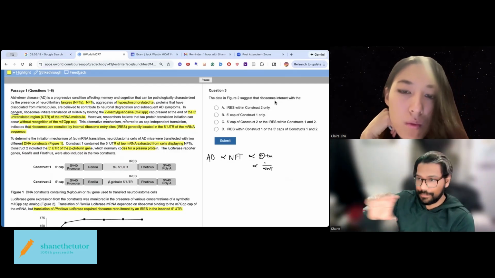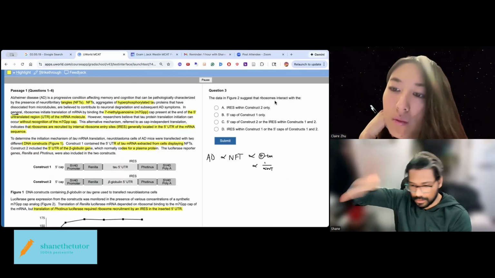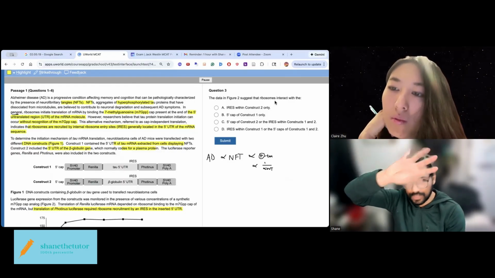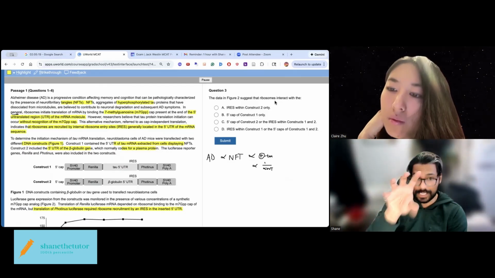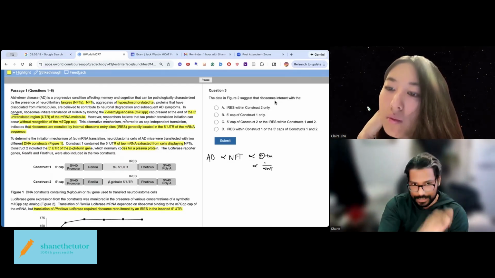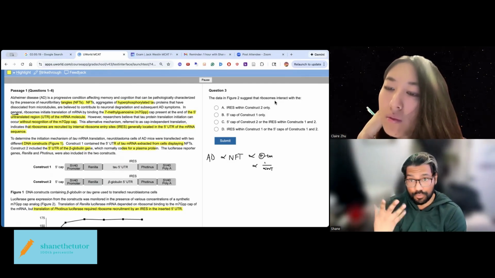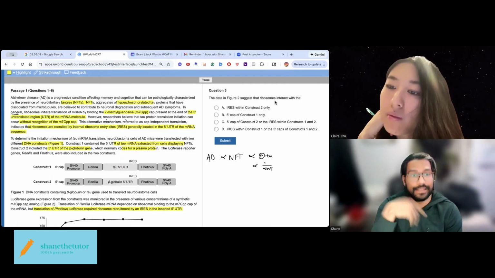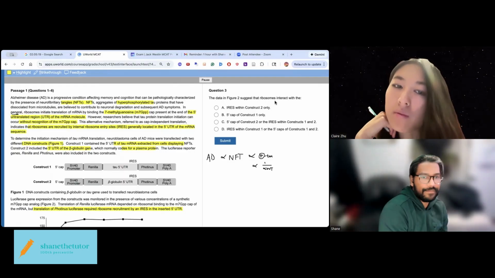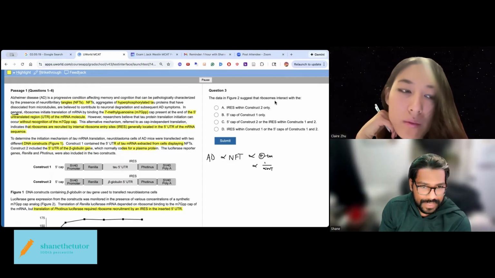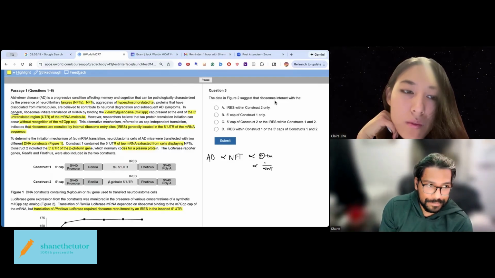You're going to see that type of order: a clinical thing, just to give it some relevance to the MCAT, then the science stuff, then some type of phenomenon that researchers are trying to learn about, and then they'll create an experiment, and then you'll see the results. Okay, so they believe that the protein translation can happen without that cap.